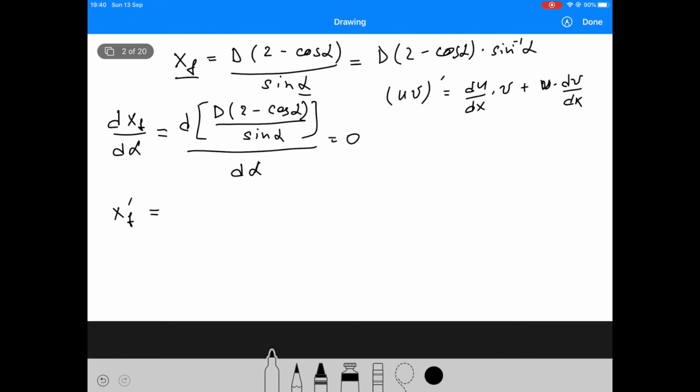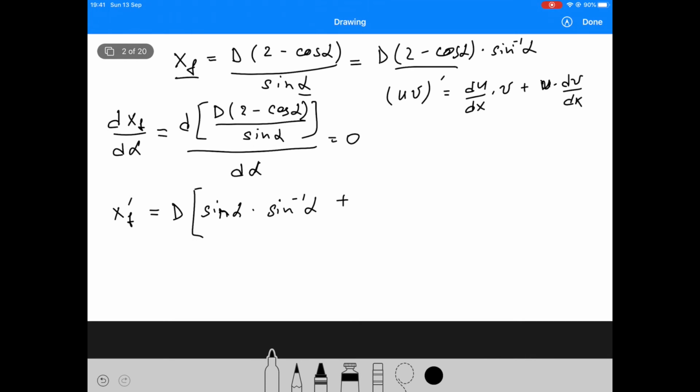Okay, so let's go to the derivative. So it will be D multiplied by sine alpha, because for the derivative of this part, 2 is a constant and the derivative of cosine alpha gives us minus sine alpha, and this minus gives us sine alpha, times sine to the minus 1 of alpha, then plus, and D can be taken out of parentheses. What do we have here?